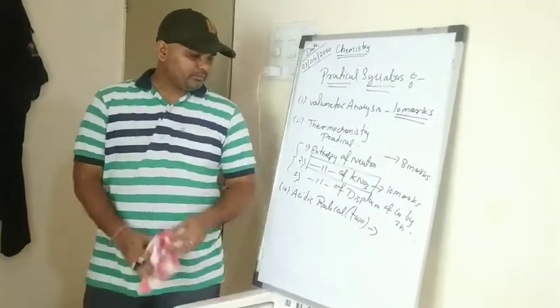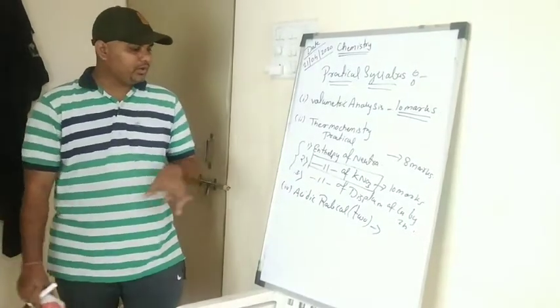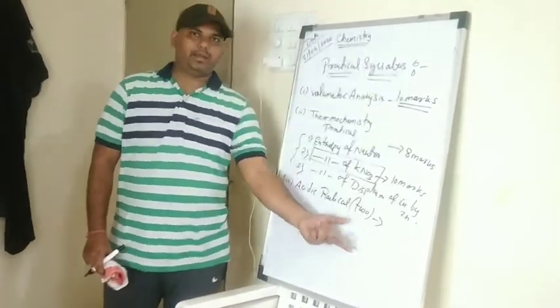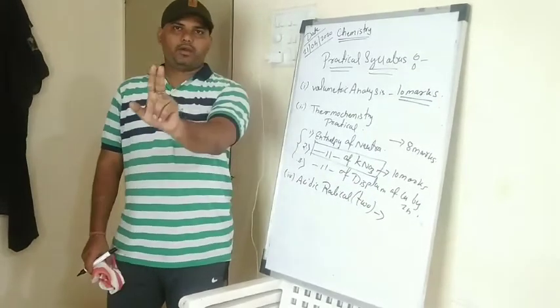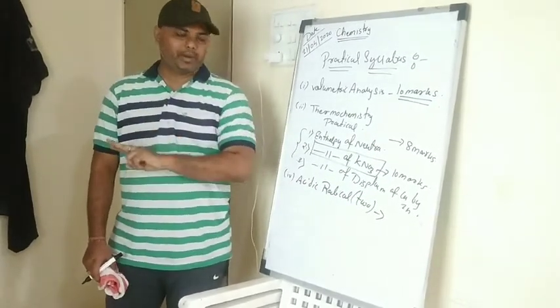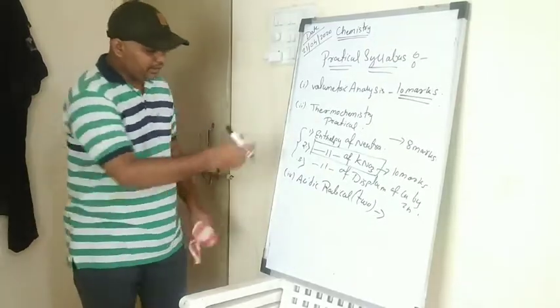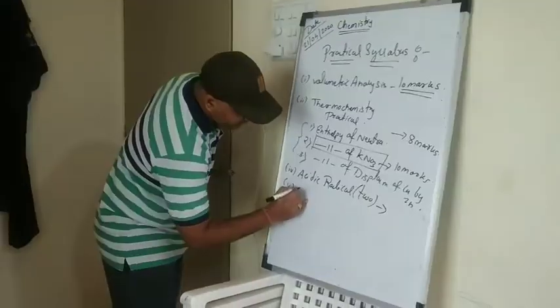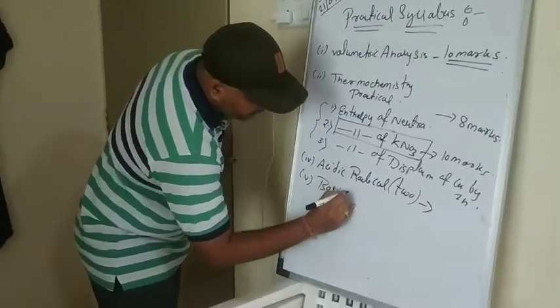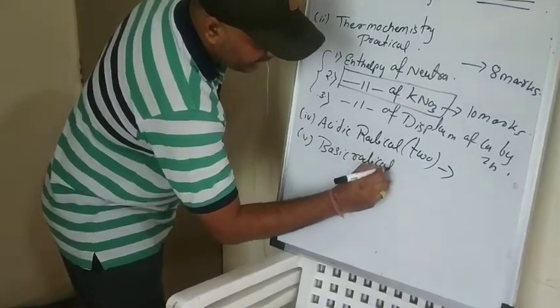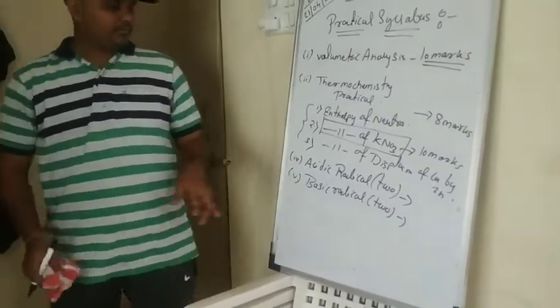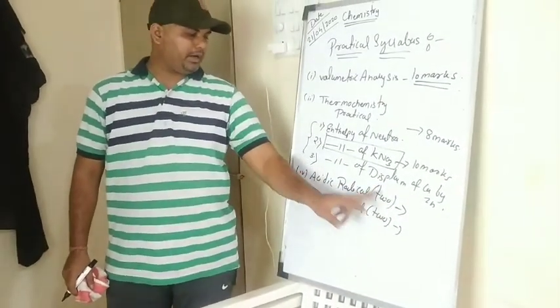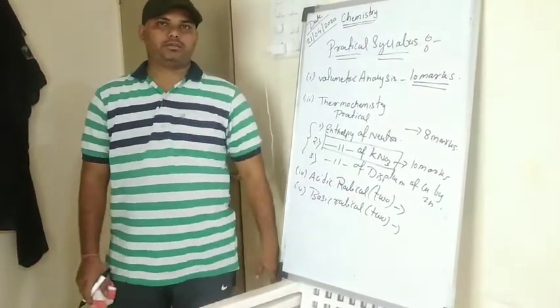This year we are going to learn anions separately and cations separately. So we have to detect 2 anions and 2 cations separately. This will be a separate practical, and the next one will be basic radical: detection of 2 basic radicals and detection of 2 acidic radicals. So this will be the practical.